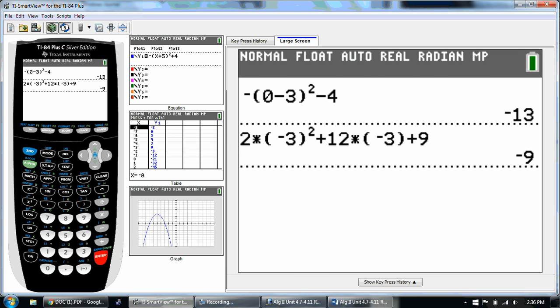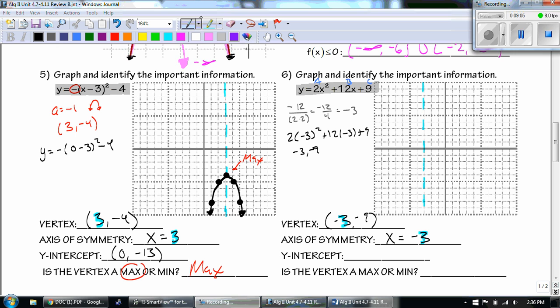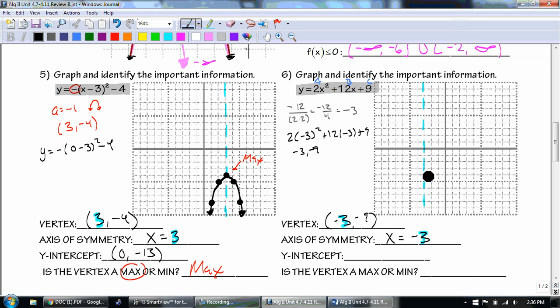And we get negative 9. And so when you plug in negative 3, we get positive 9, or negative 9, right? Okay, so at negative 3, negative 9, that's where we go.